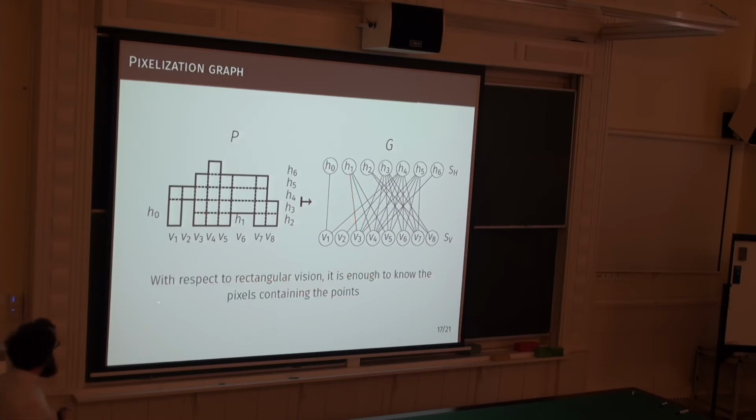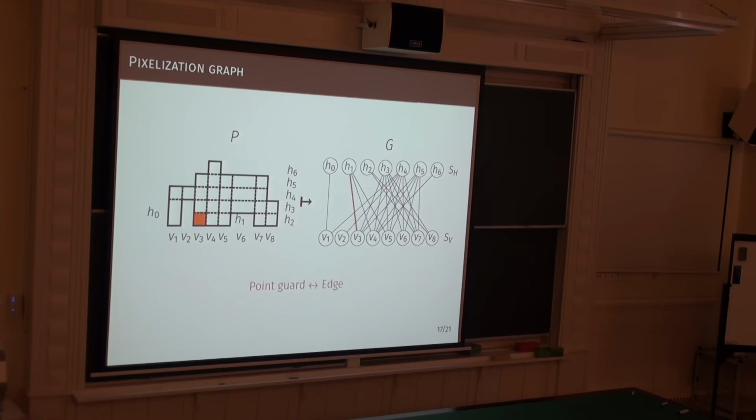And so with respect to rectangular vision, it doesn't matter where a point is or where the 2 points are in the gallery exactly. We only need to know their containing horizontal and vertical slices. So the edge that contains them contains enough information to decide where the guard is in the gallery.